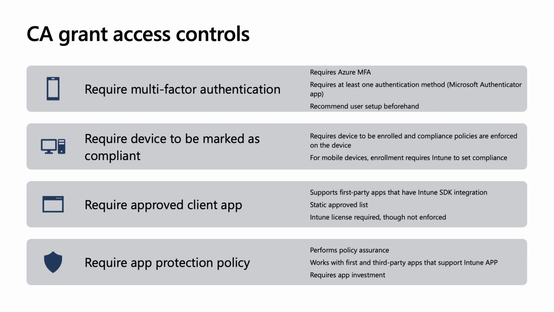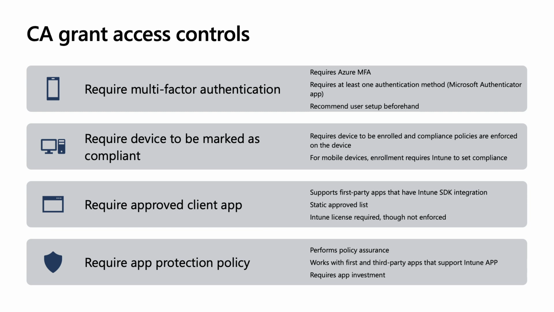Require app protection policy, on the other hand, is ultimately the replacement for require approved client app. The require app protection policy grant access control requires app investment, though. It requires integration of authentication library, integration of the Intune SDK, and specific app changes to support this new grant access control.